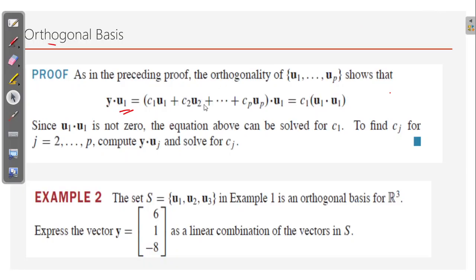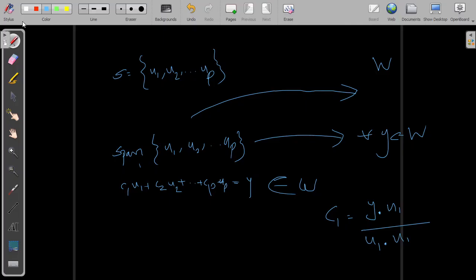This discussion can be extended for any coefficient c1, c2, c3, c4, up to cp. In general, cj will be equal to y dot uj divided by uj dot uj for every j equal to 1, 2, 3, up to p.